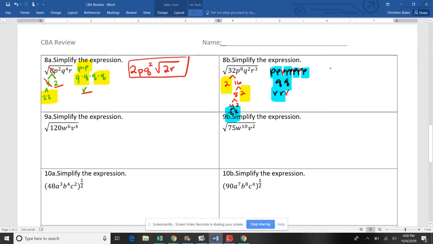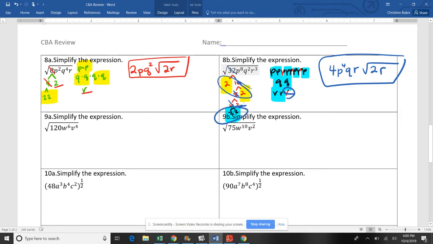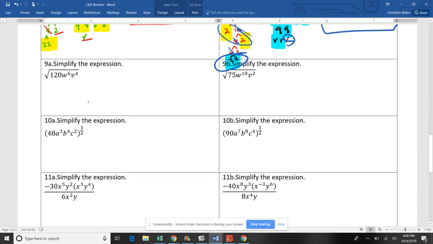So I have 2 groups of 2, 4 groups of P, a group of Q's, a group of R's, and again, composite number, composite number, composite number, composite number, extra prime, and I have this extra R. I took this group of 2s and that group of 2s and multiplied them to get the 4.